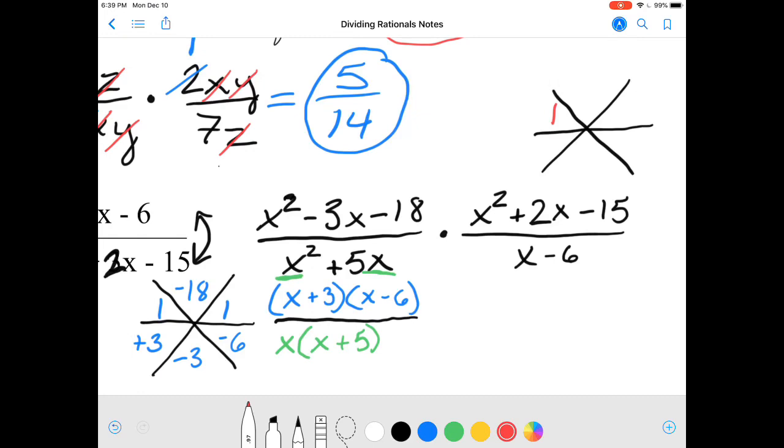So again, our A value is 1. Now our B value is 2. And our A value times our C value remains -15. We're going to have the positive and the negative factor. My positive factor is going to be 5. And my negative factor is going to be 3.